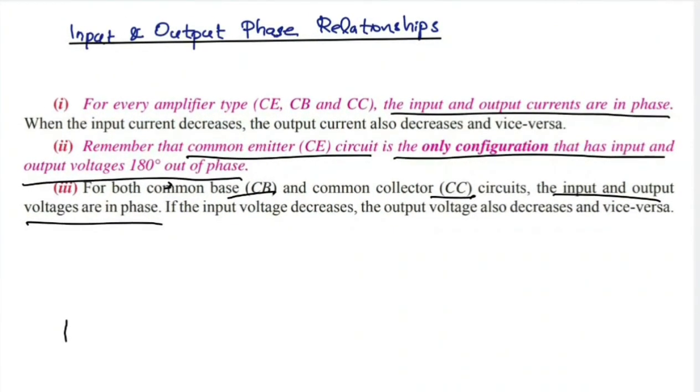So we proved the phase reversal, or we demonstrated the phase reversal of common emitter amplifier. So next we are going to consolidate today's class. Today we discussed single stage transistor amplifier.